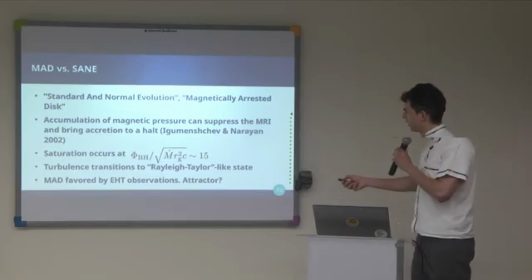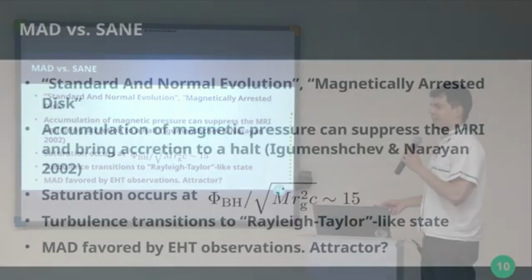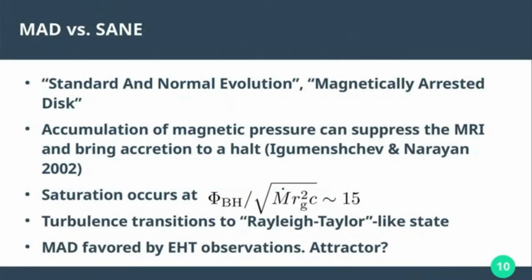The standard and normal evolution means that plasmas are relatively quiet, relatively calm, and the accretion of plasma happens in a turbulent way, but more as a slow process that is driven mainly by the magnetorotational instability.